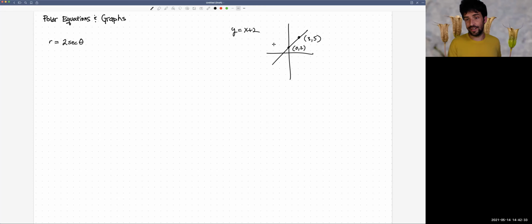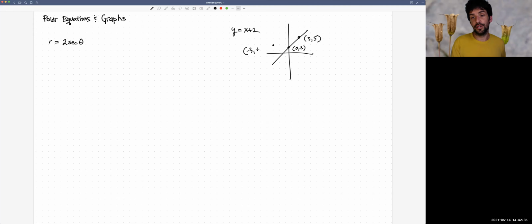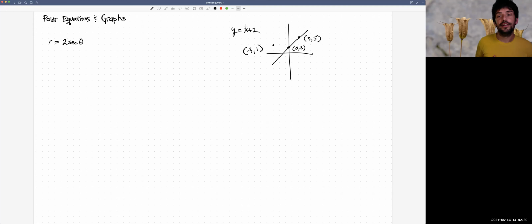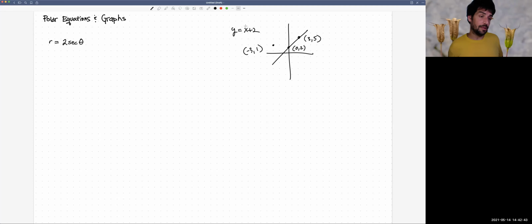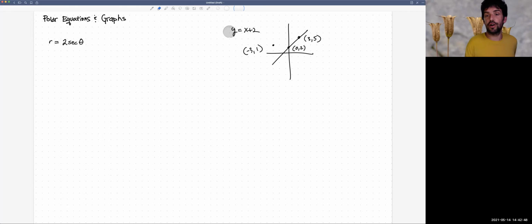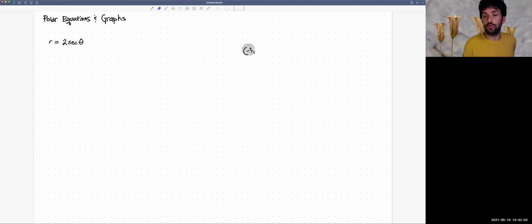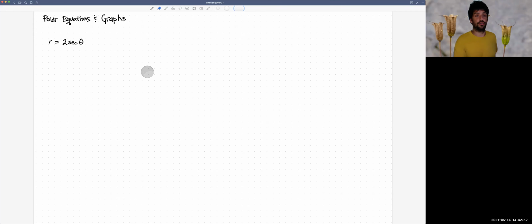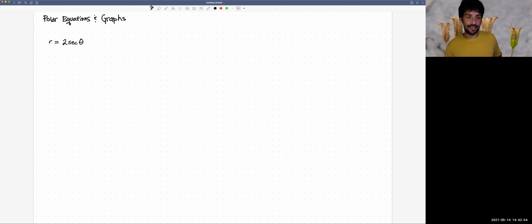Points that are not on this line, like -3, 1, don't satisfy that equation. If you put -3 in for x and 1 in for y, the statement's not true, right? So same thing with polar equations. You can think of graphs of them as coordinate pairs, but they're polar coordinate pairs that satisfy the equation.